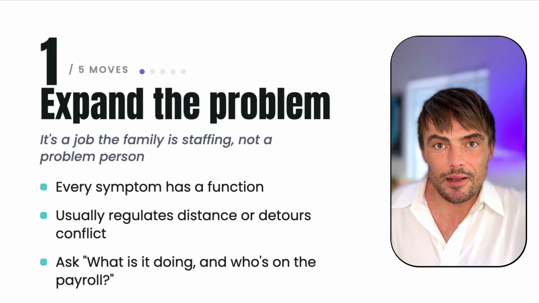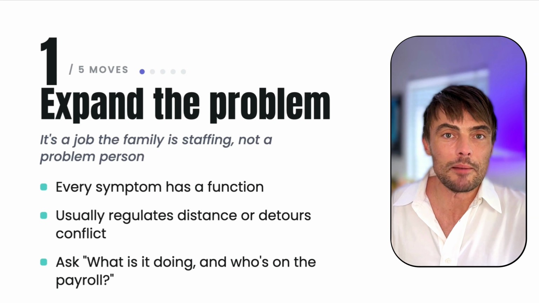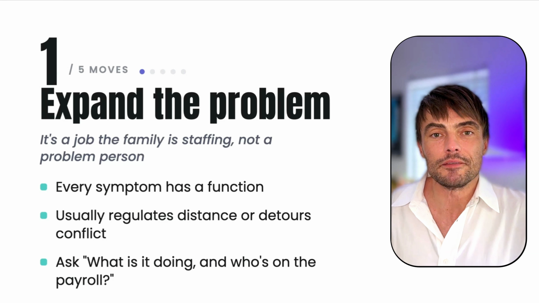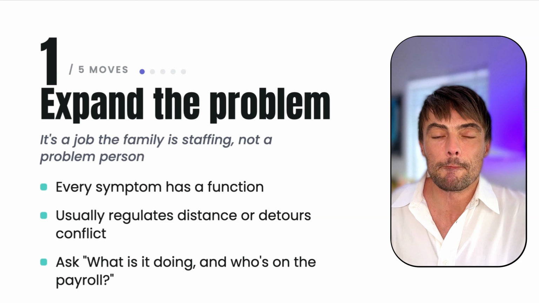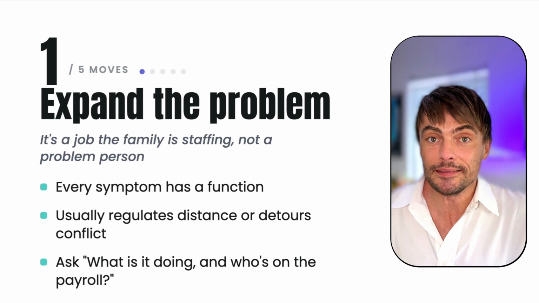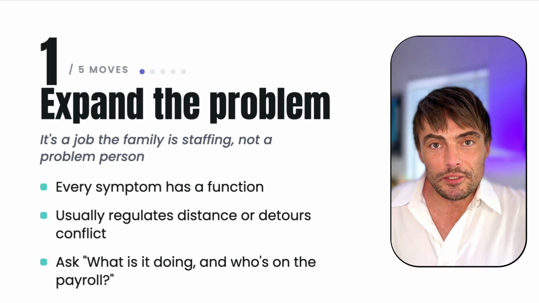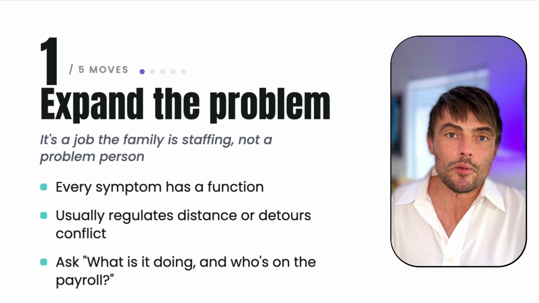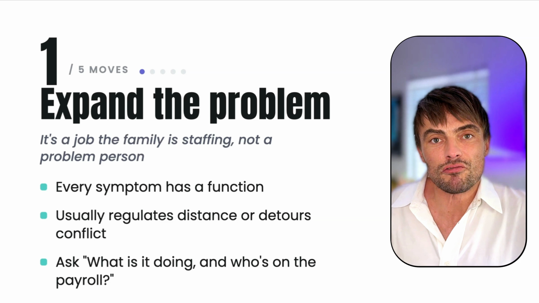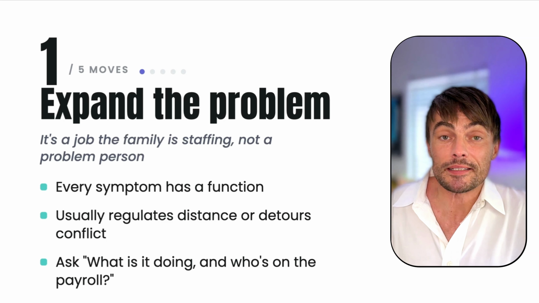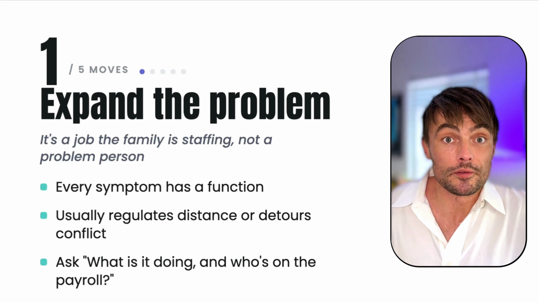So the second example is a couple who comes in and one partner is flat, withdrawn, maybe they even describe him as being depressed. But when you zoom out, what you'll find is that one partner only stops criticizing and attacking the other when the other is depressed or low or withdrawn.